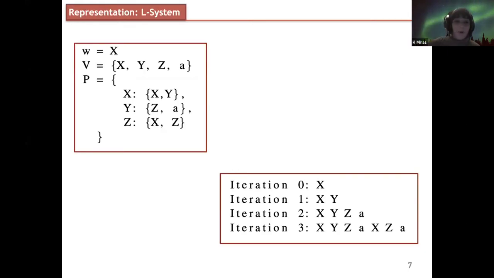As for representation, we use an L-system, and this L-system is encoding both the body and the brain. I'm not going to go into details about the L-system, but it's a system of rewriting. You start with a very simple component, which is called the axiom. This is the W you see here.